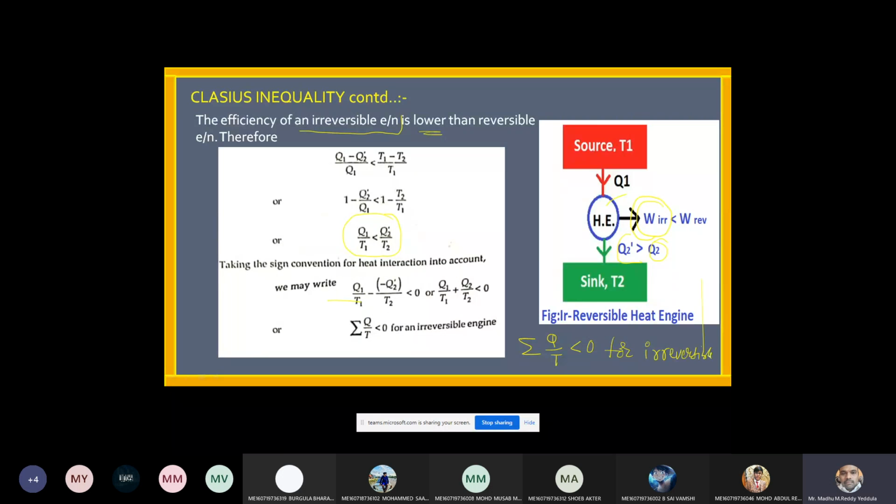And we already studied for reversible engine it will be equal to 0. In a generalized way I can write sigma Q by T less than or equal to 0, which is for reversible as well as irreversible. If it is reversible I can use the equal sign. If it is irreversible I can use the less than sign.